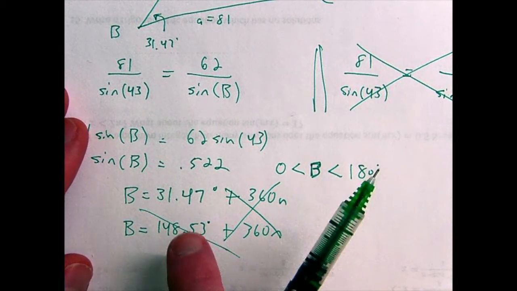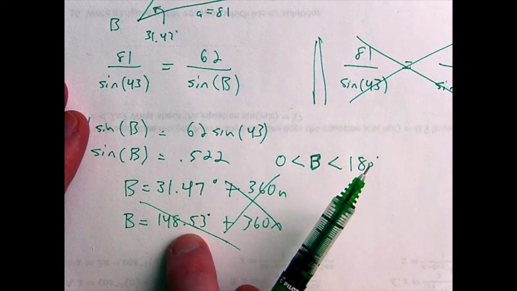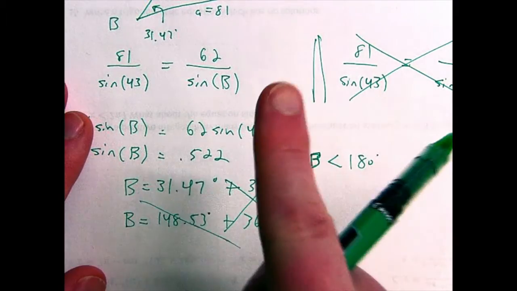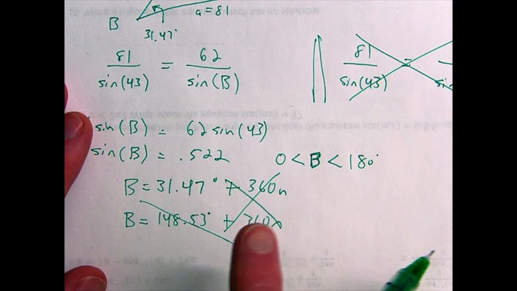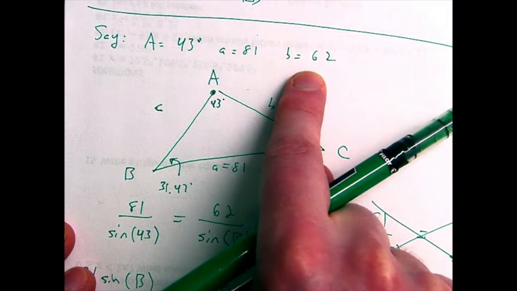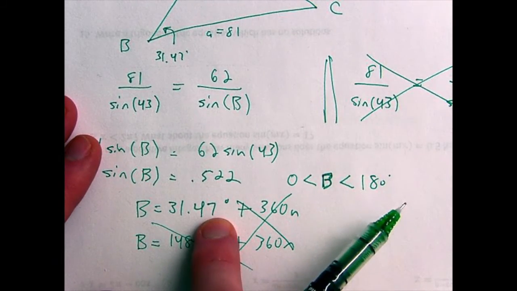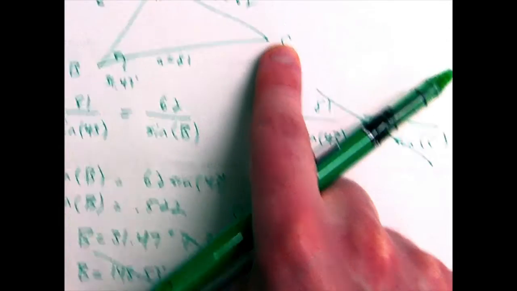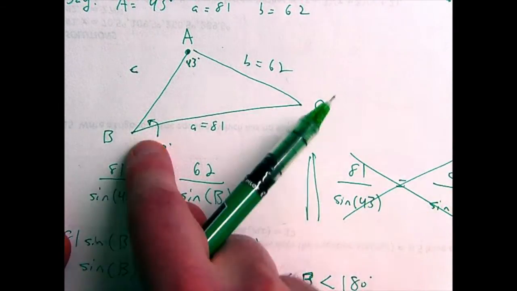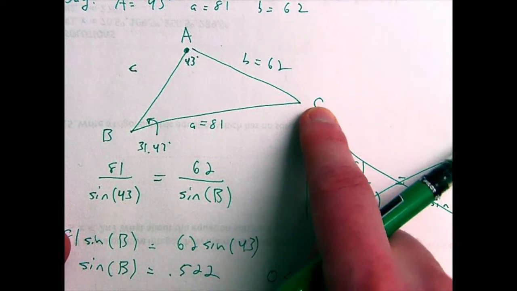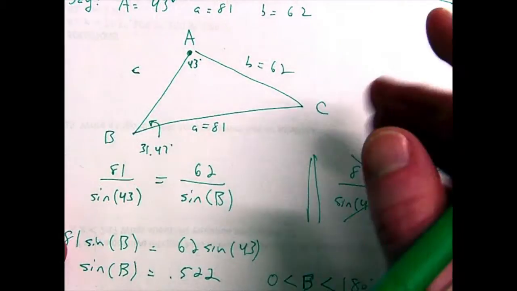Now, because in this particular problem the second base solution was not admissible, we have one and only one triangle which matches the initial given data. The triangle is given by angle B is 31.47, and angle C is whatever is determined by the fact that these three angles have to add up to 180.